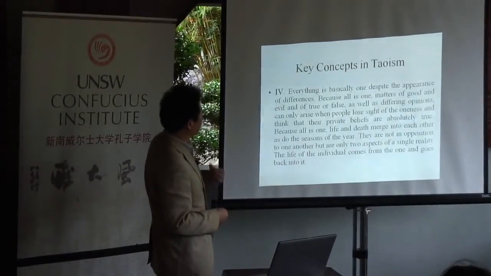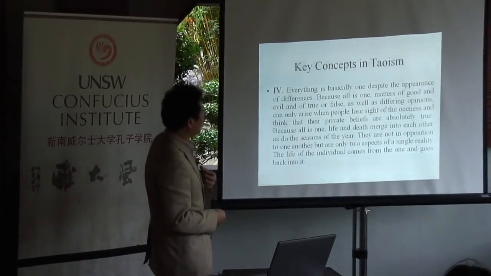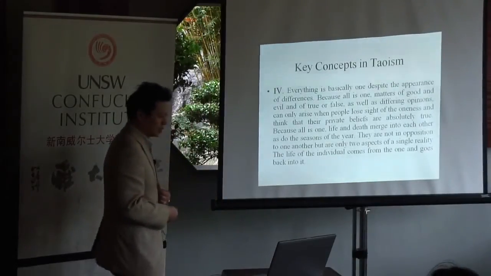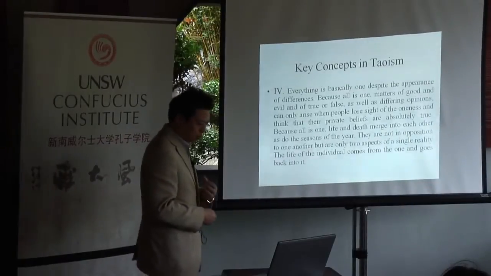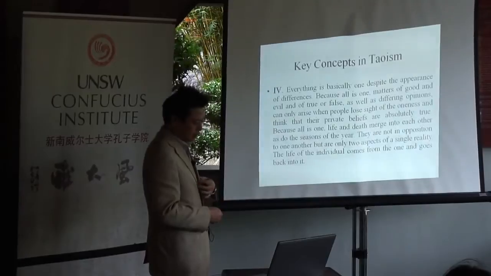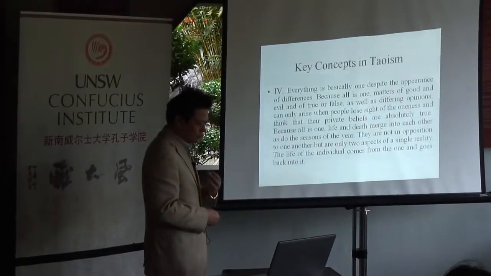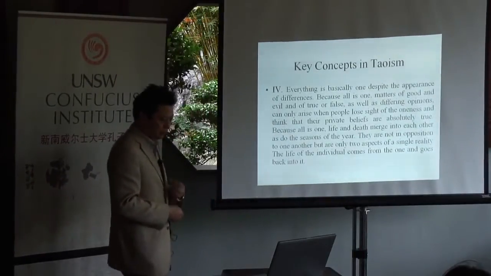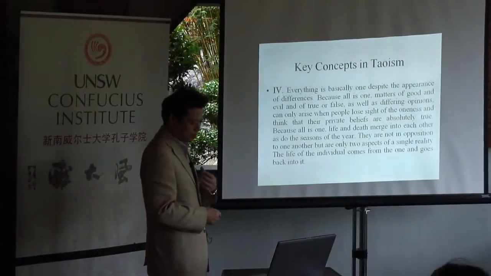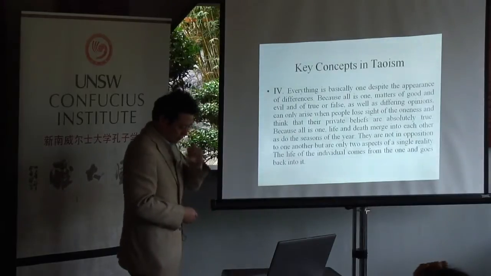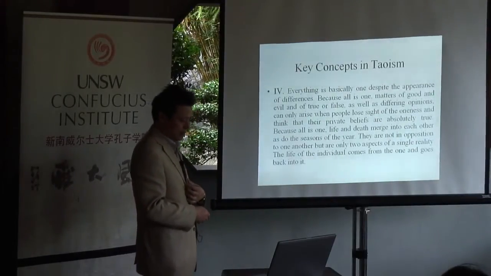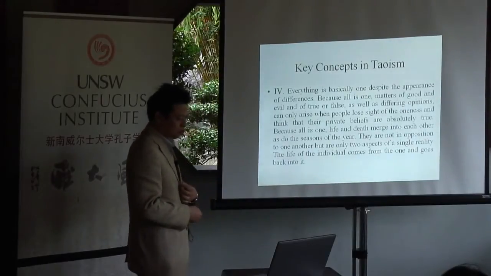Everything is basically one despite the appearance of difference. Because the Tao is one, matters of good and evil, and of the two forces, as well as differing opinions, can only arise when people lose sight of the oneness and think that their private beliefs are absolutely true.